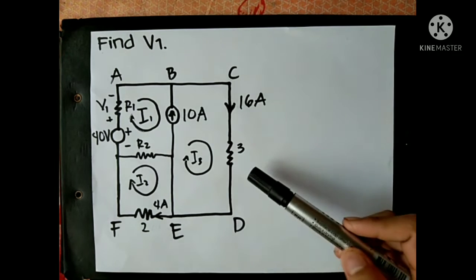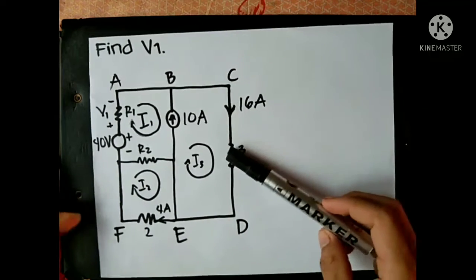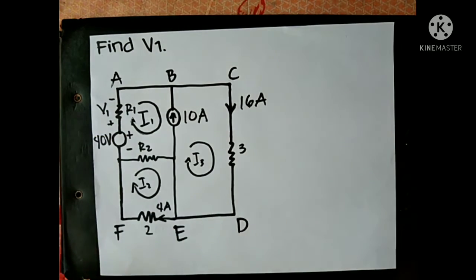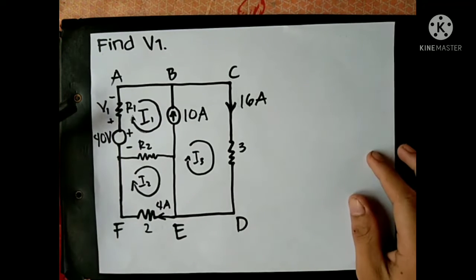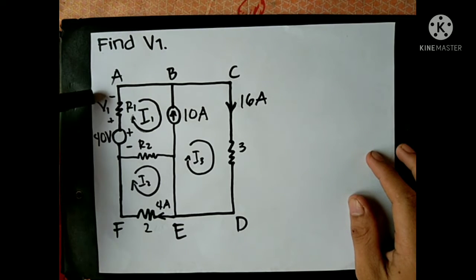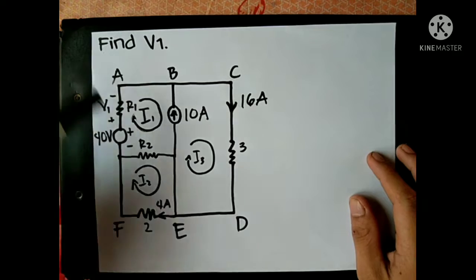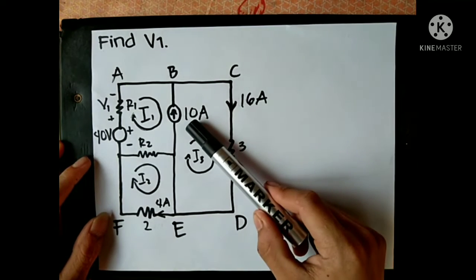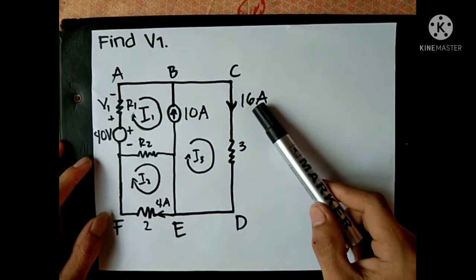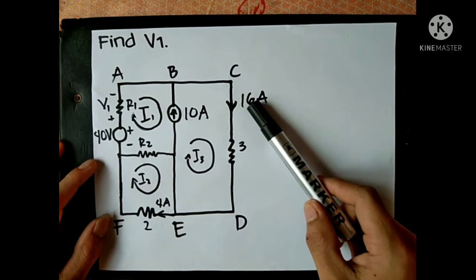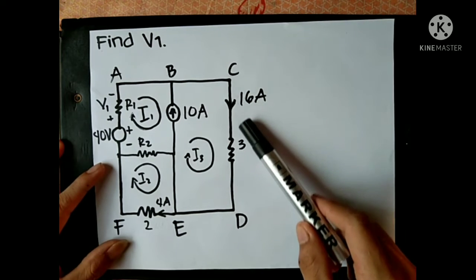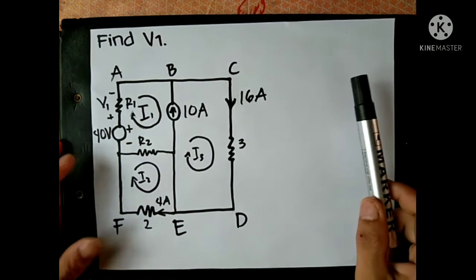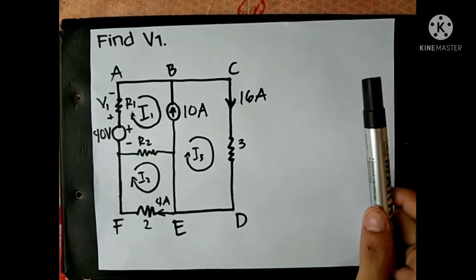Here in the circuit diagram, we have the 40 volts as a voltage source, and we have the given 10 ampere, 16 ampere, and the resistors R1, R2, R3, and R4.